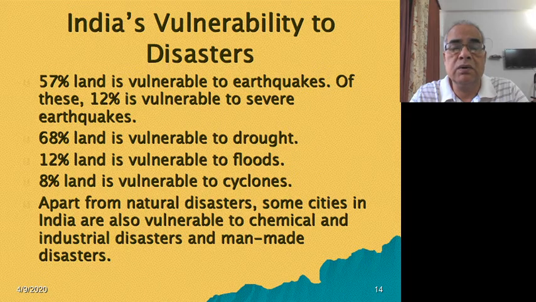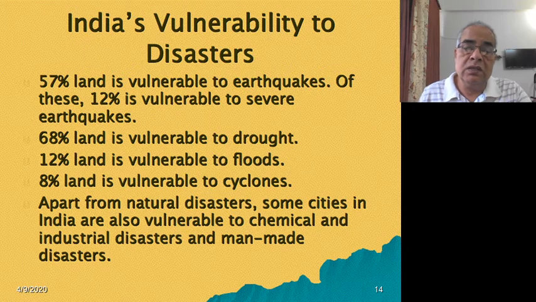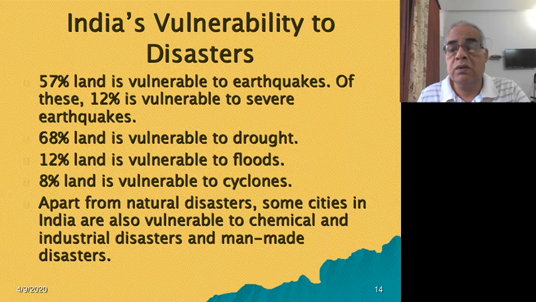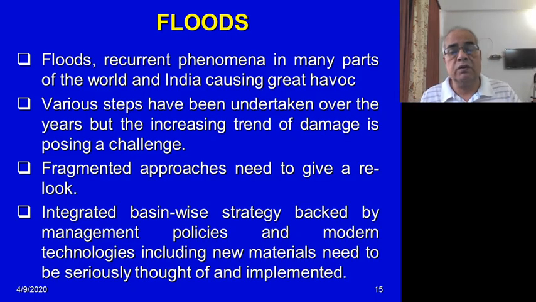Many parts of the country are prone to one or another type of disaster. This is where we talk about natural disasters, but in addition, some cities may be vulnerable to chemical, industrial, or man-made disasters. This is the situation as of now.